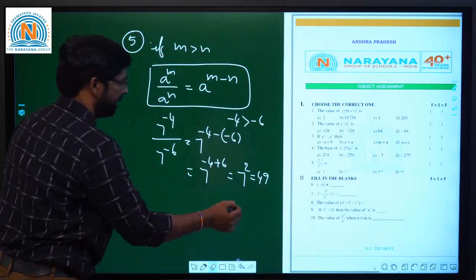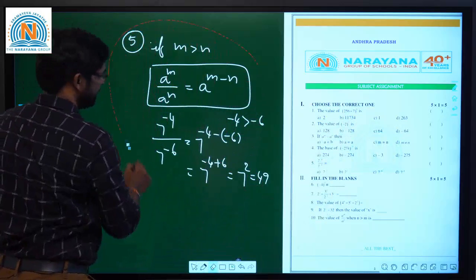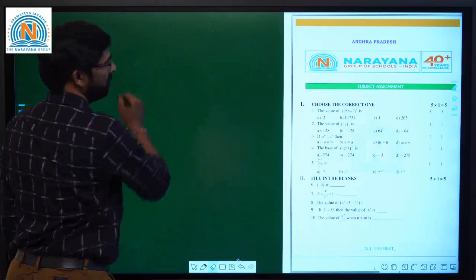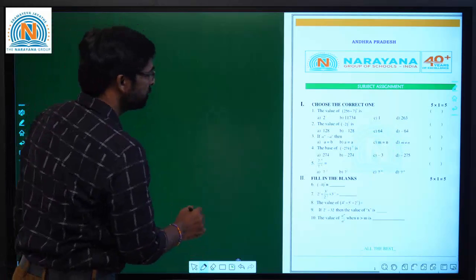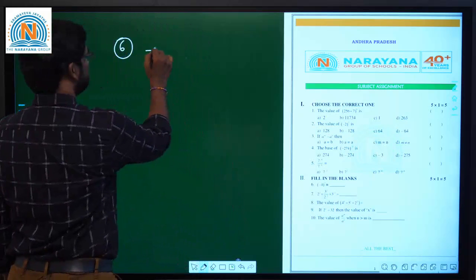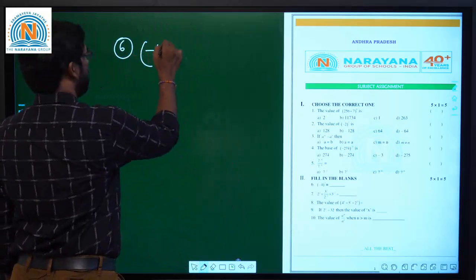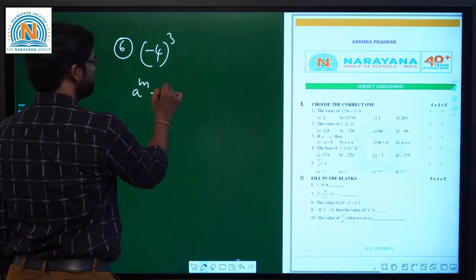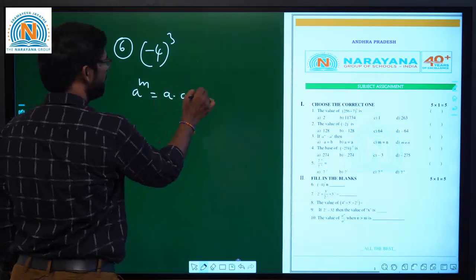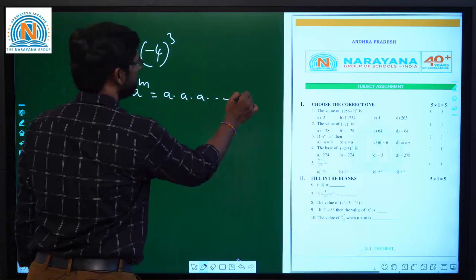Now I will explain the second Roman, filling the blanks. Sixth one. Minus 4 whole cube. A to the power of m can be written as a into a into a, up to m times.